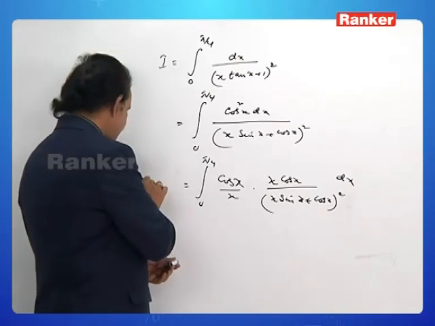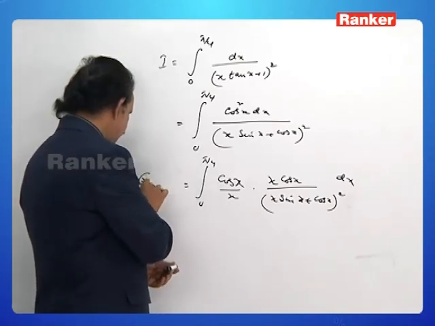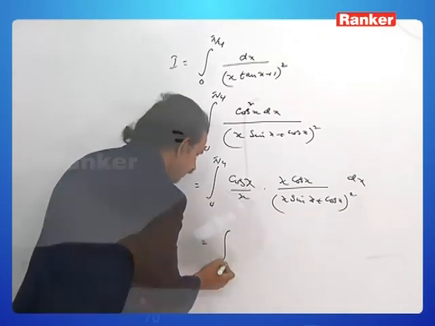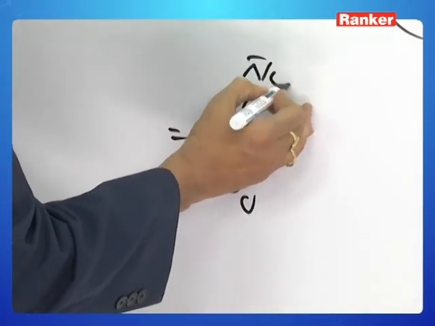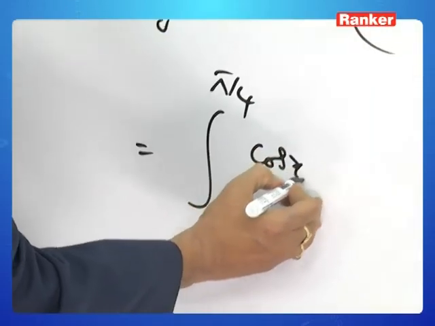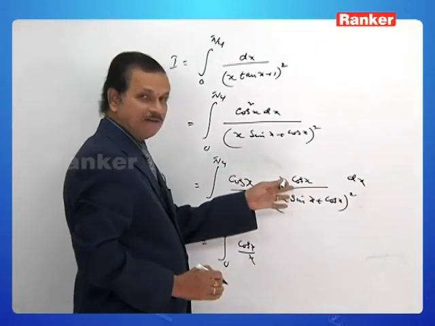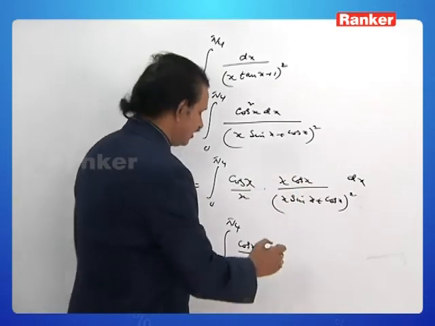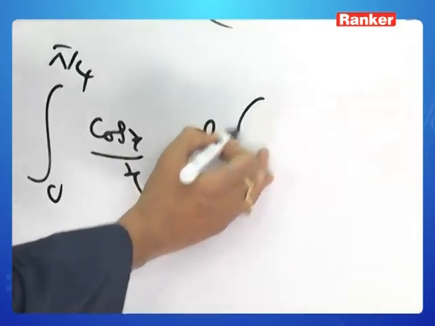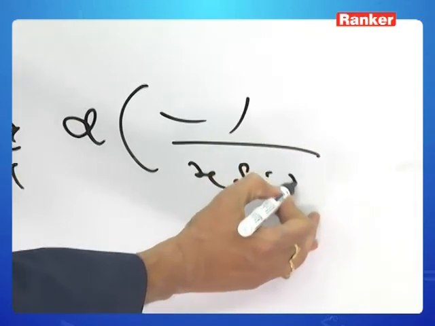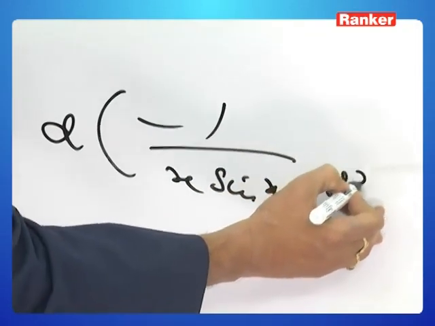This is the crucial step here to observe. Okay, this is equal to integral 0 to pi by 4 cos x by x into, the particularity of this expression is just nothing but it is the derivative of minus 1 by (x sin x plus cos x). You can easily observe that.